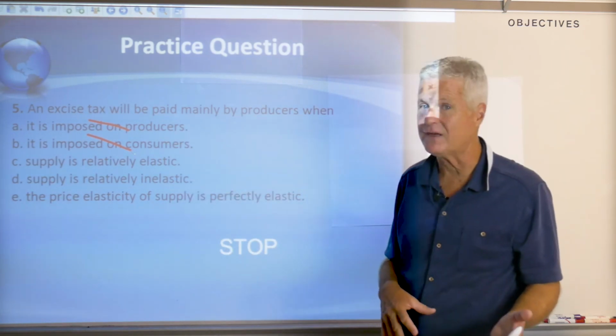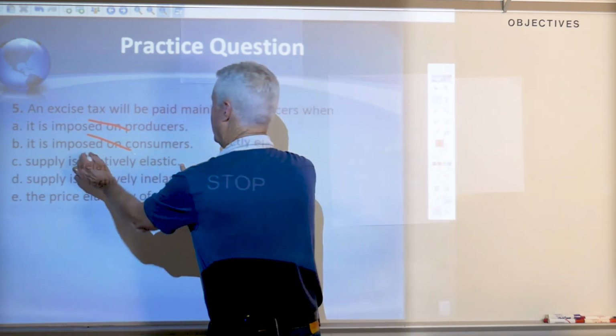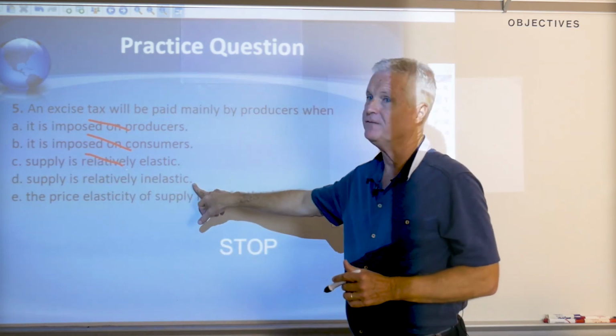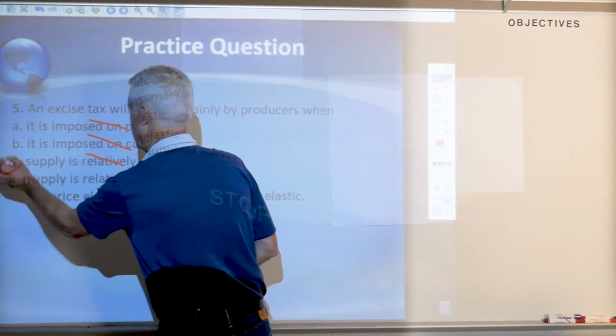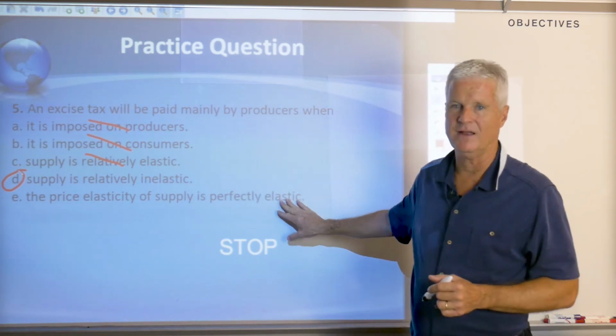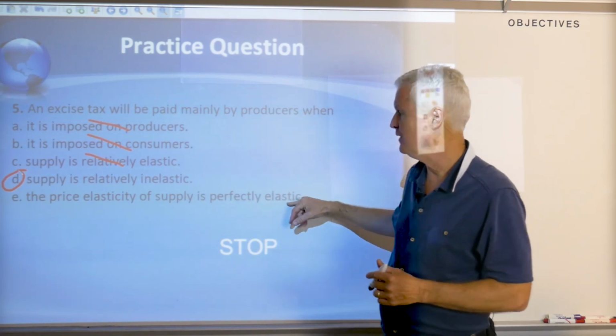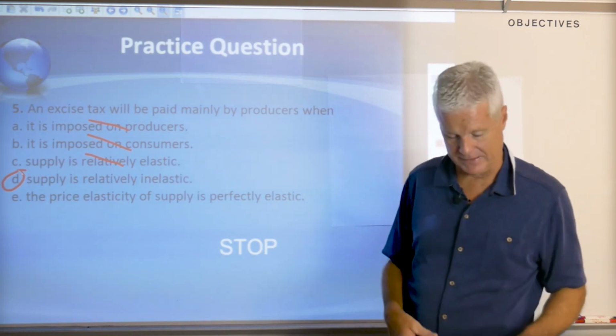Now if it's elastic, then that's good for suppliers. So that's not it. Supply is relatively inelastic? Well, if that one's good, that one has to be bad. That's the answer. And the price, yeah, that's not the answer. If it was perfectly elastic, the suppliers would actually pay nothing.